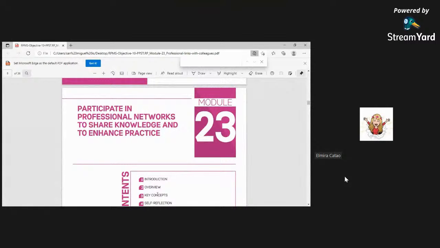Together, we will run through this module in which we will find instructive illustrations of practice anchored on the Philippine Professional Standards for Teachers, often called PPST, intended to help teachers' current practice. This module focuses on the strand on professional links with colleagues under Indicator 7.3.2, which is to participate in professional networks, to share knowledge, and to enhance practice.